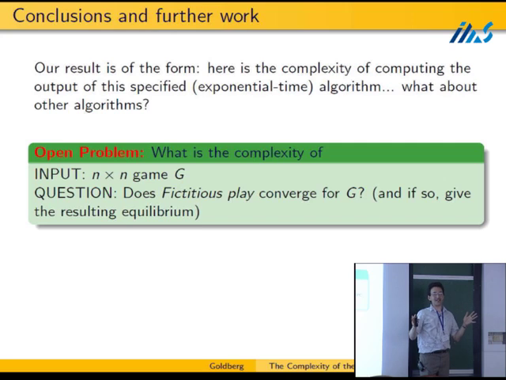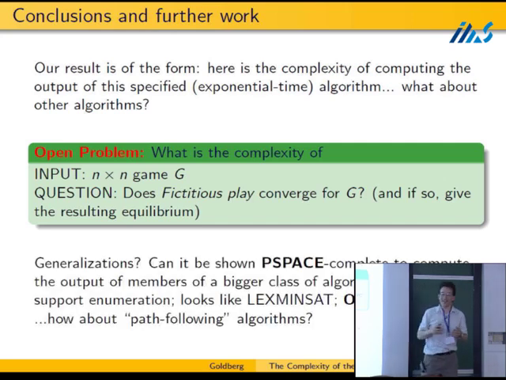Sometimes it converges to a Nash equilibrium, sometimes it fails to converge. You might ask, given a game, can I tell whether it converges, and if so, which Nash equilibrium it converges to? Same sort of question. I don't even know whether it's decidable. So that's one question you might ask.